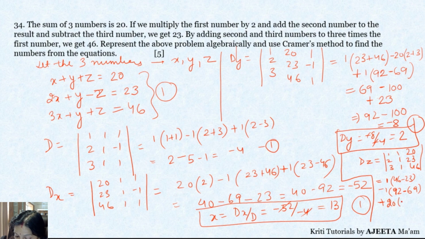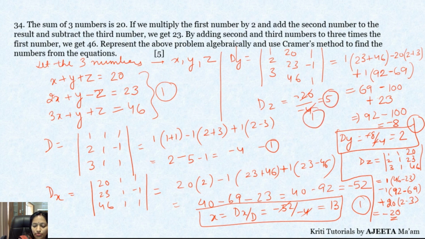Now this time I've written plus. Okay, 2 minus 3. Now let's calculate. So what do you get on calculation? 23, and then minus 3, and then you get minus 20. So now what's dz? So dz will be minus 20 upon minus 4, which gives you the answer 5. So the three values, again 1 mark for this.